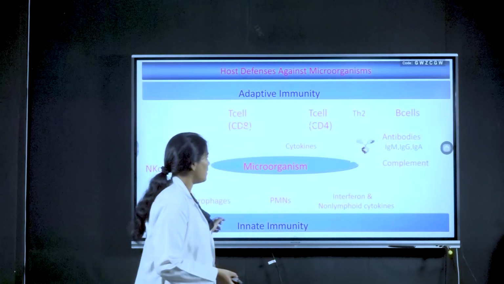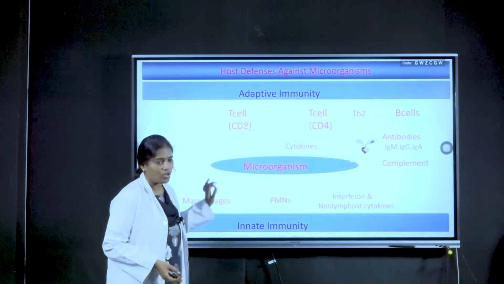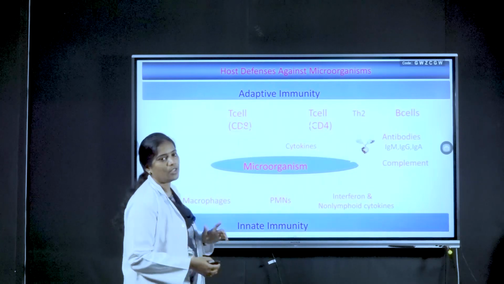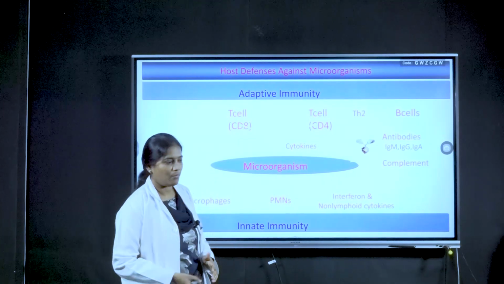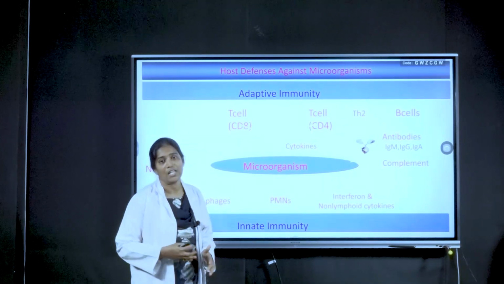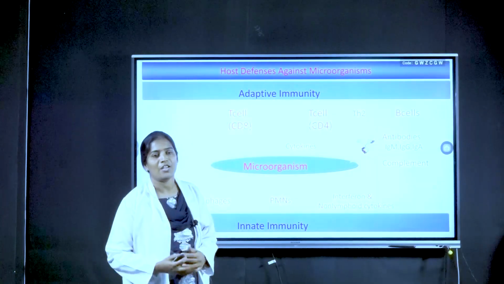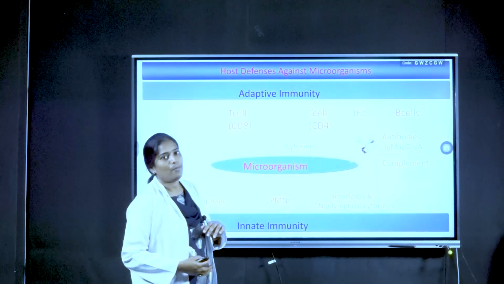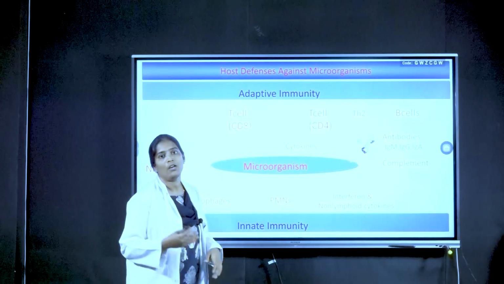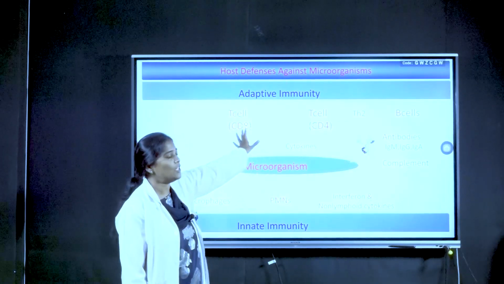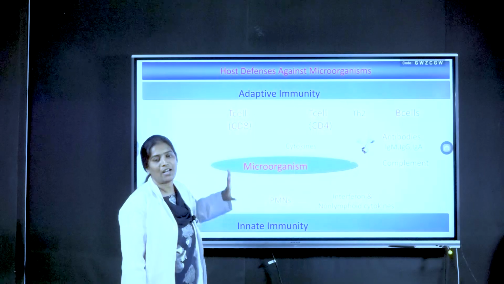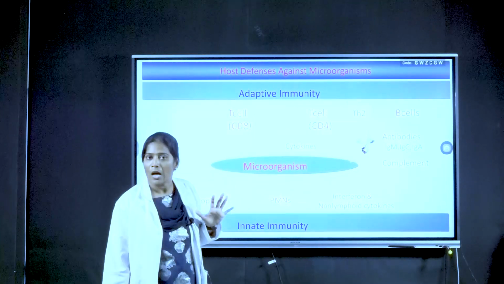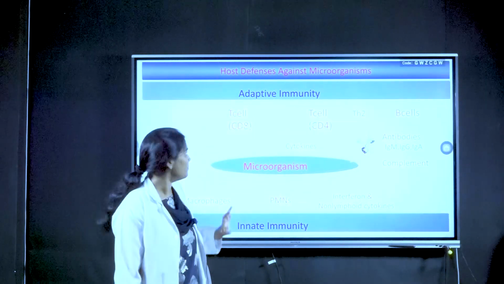Whenever the microorganism cannot be digested by the innate immune cells, these partially digested antigens are supplied to the adaptive immune system so that complete digestion can take place, and that's how neutralization of the microorganisms occurs.